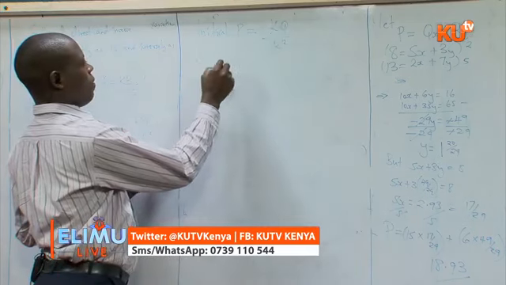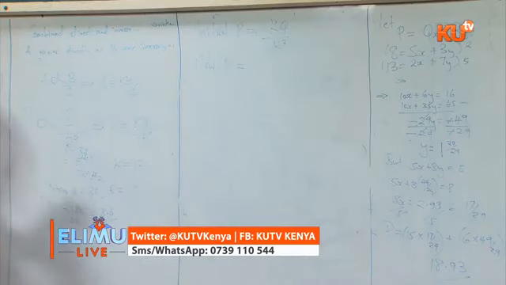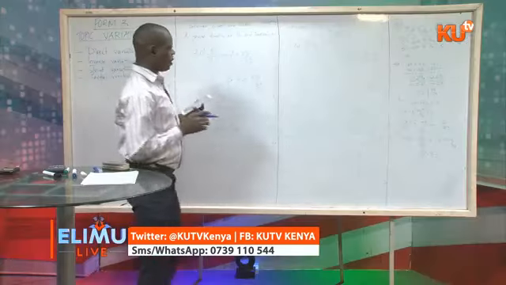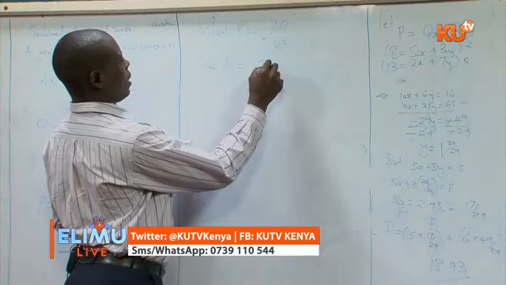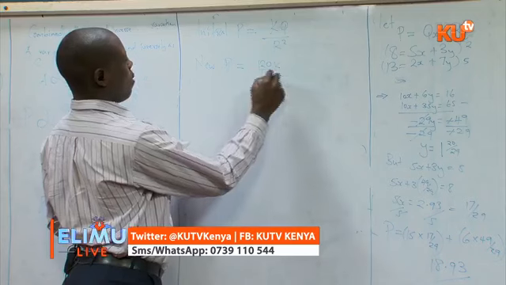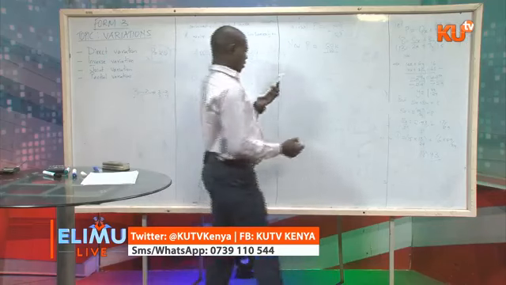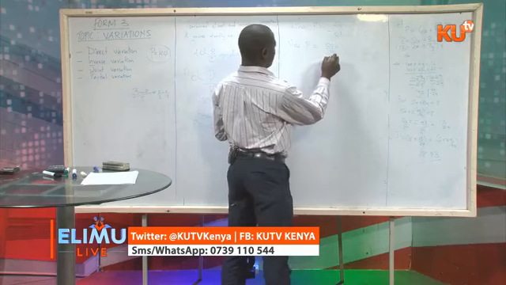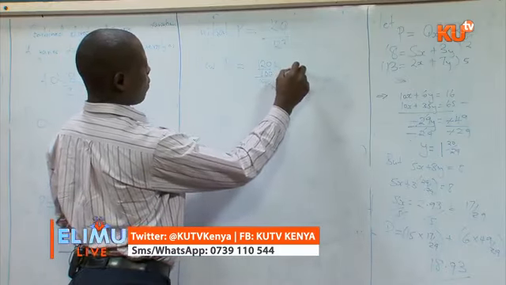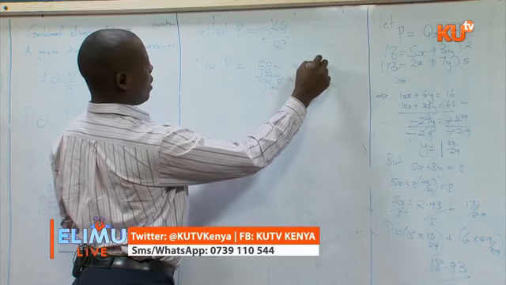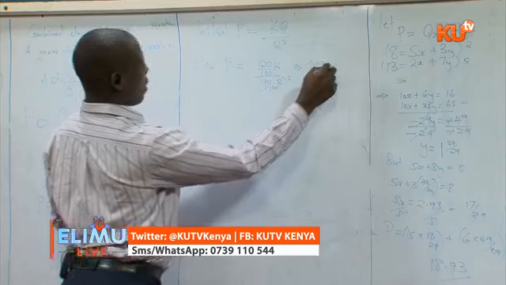So the new P becomes, we increase Q by 20, so we have 120 over 100 K, then over R decreased by 10, so we end up with 90 over 100 R, then it's squared. This is 1.2 K, and this is 0.9 squared R squared.